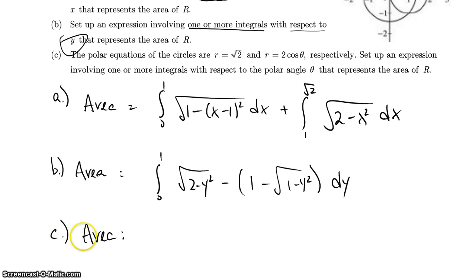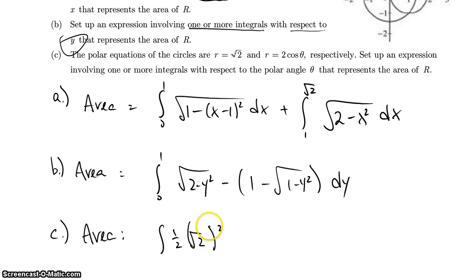Remember the equation for a sector of a circle? It's 1/2 r squared d theta. In this case, r is the square root of 2.